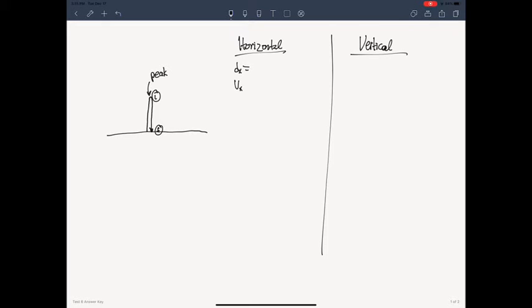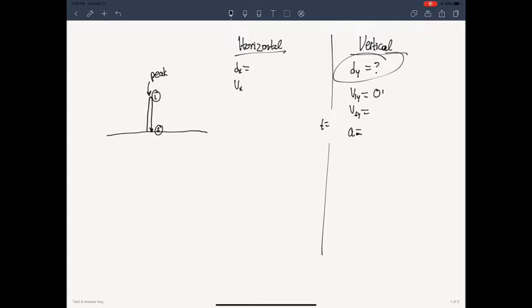X, and what's shared is t. The vertical dy, that's what we're looking for. Okay. VIY, VFY. We may not need all of these variables, but we list them out anyways. So the peak, we're going to start from the peak.